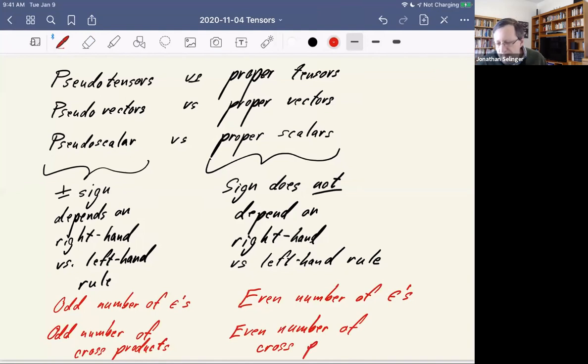Chris, question. Does it matter how the cross products are manipulated in an equation?